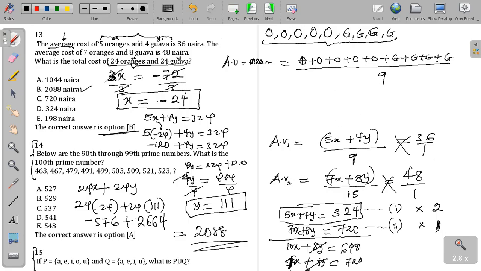Orange plus orange in 5 places is 5 oranges, so I call it X. This would be 5x. And the same thing, y plus y plus y plus y is 4y, over 9. You still come back to this. So is that clear, guys? Have I been able to explain that?